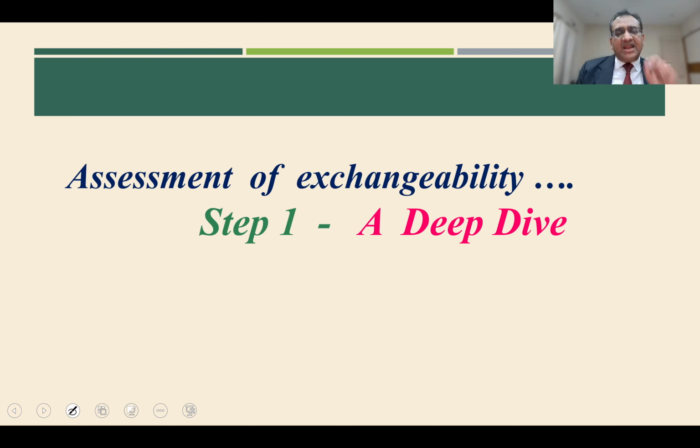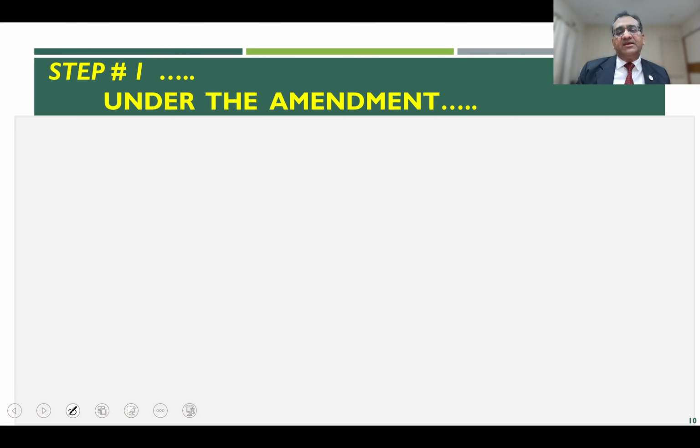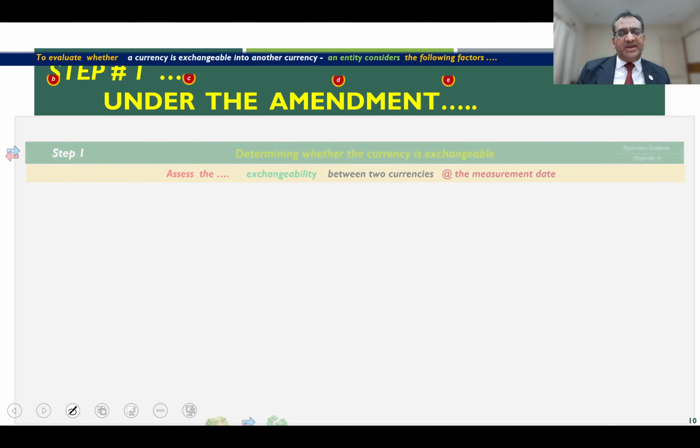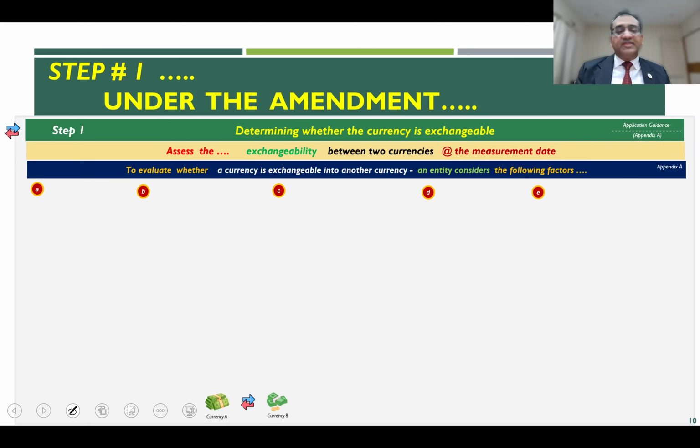So let us now deep dive into step 1, to assess whether the two currencies are exchangeable or not. What parameters, what factors the new amendment tells you to look at, and with the help of that, the assessment needs to be done. This guidance is available in the application guidance, Appendix A.